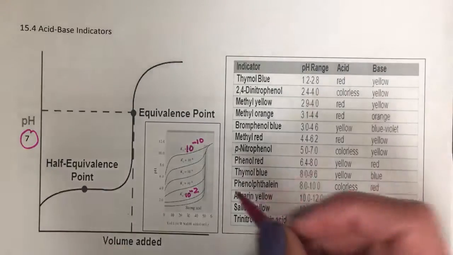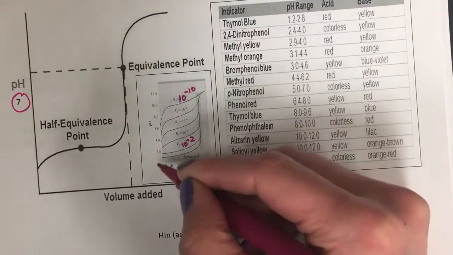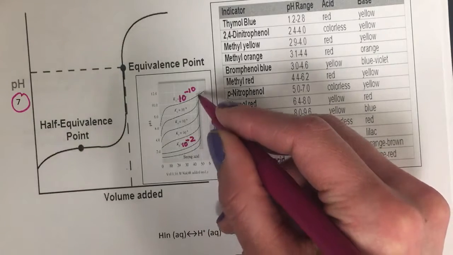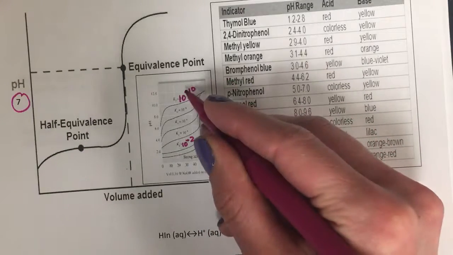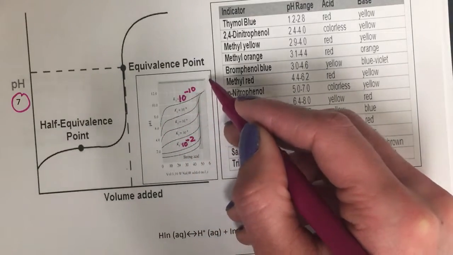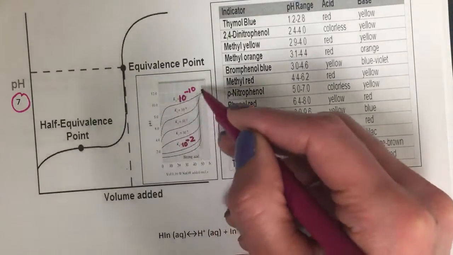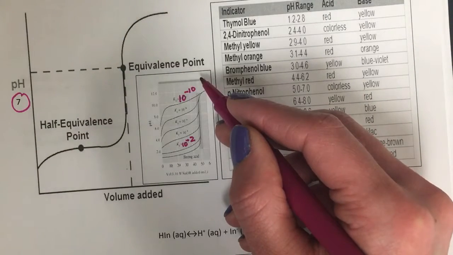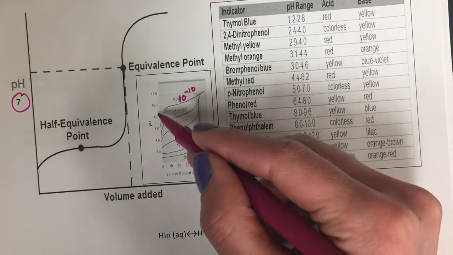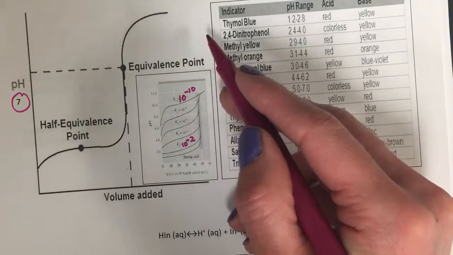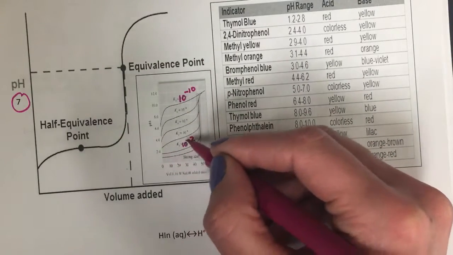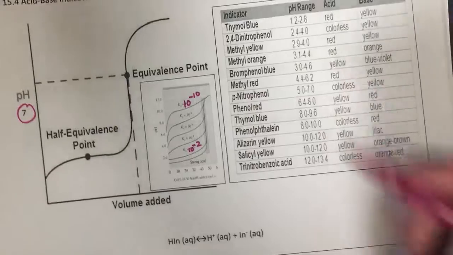If we look, the stronger the acid, the lower my initial pH, so it's going to have a much steeper curve up. The weaker my acid, the higher it starts, and so the much shallower curve I'm going to have as it goes up towards that equivalence point. Okay? So if I'm starting with a weak acid, it's going to be higher, and the equivalence point is going to be above 7. The stronger it is, it's going to be lower. Okay? Something to be aware of.